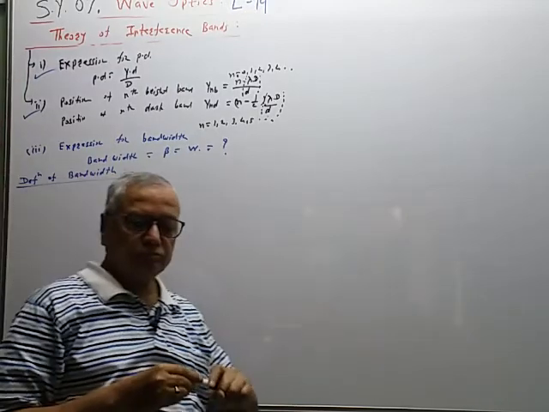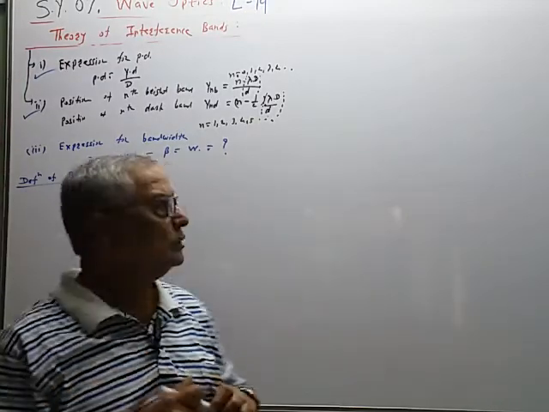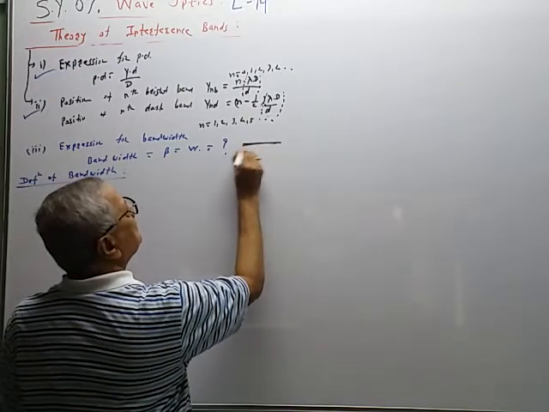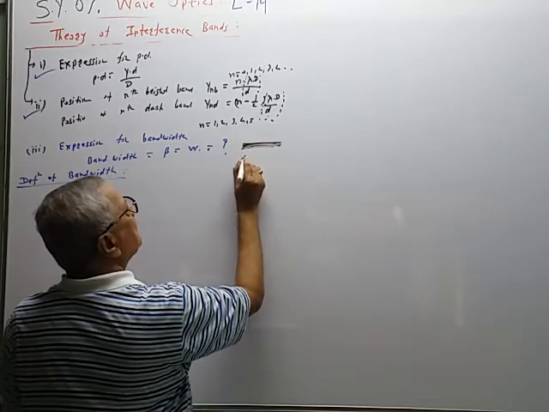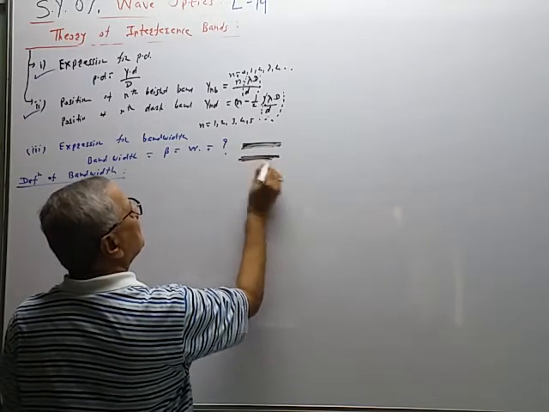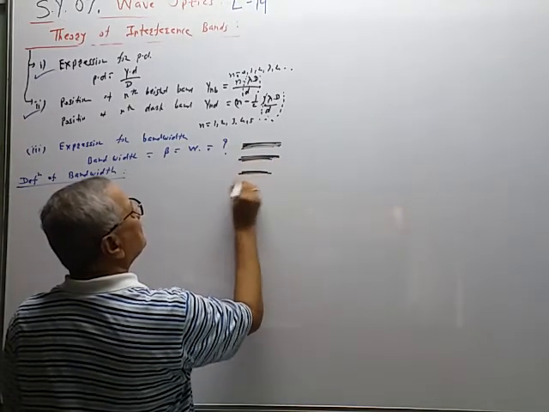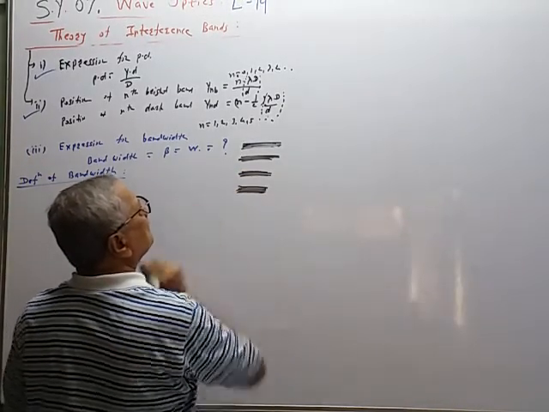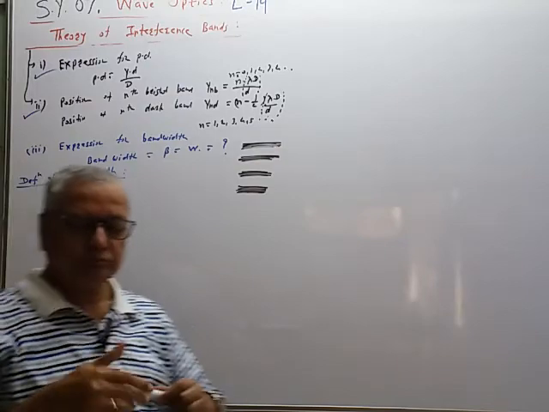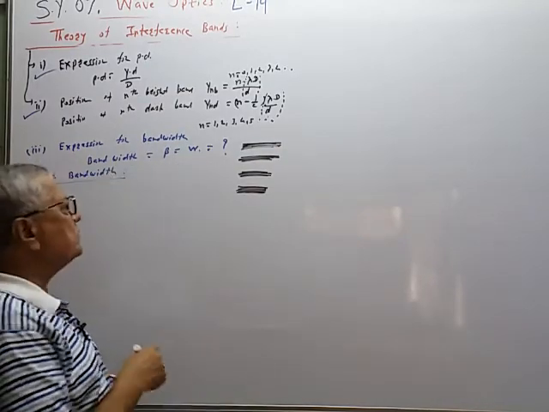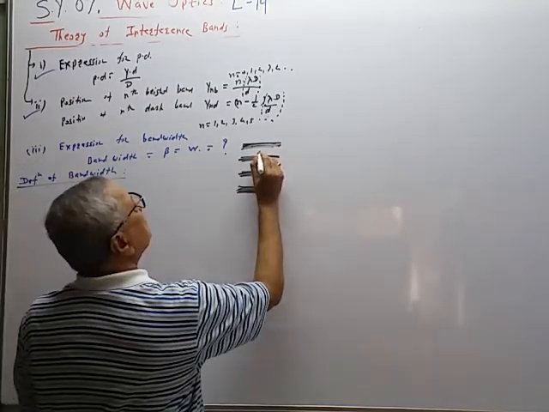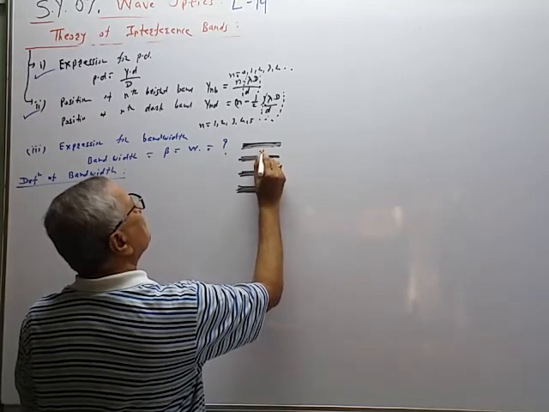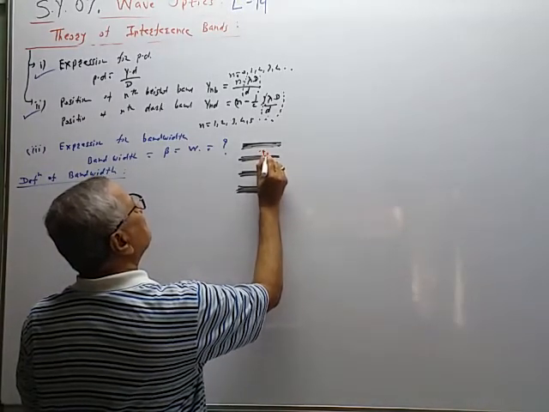So now we know the nature of the interference pattern. Suppose this is a dark band, bright band, dark band. Alternate dark and bright bands are observed like this. So the distance between the center of one bright band and the center of the next bright band is called the bandwidth beta.